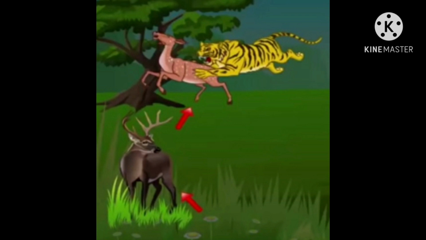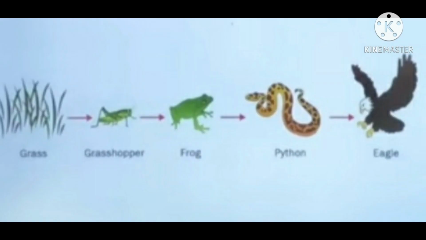Then to the tiger, and the tiger is a secondary consumer. A food chain in a grassland ecosystem may consist of grasses and other plants, grasshoppers, frogs, snakes, and hawks.